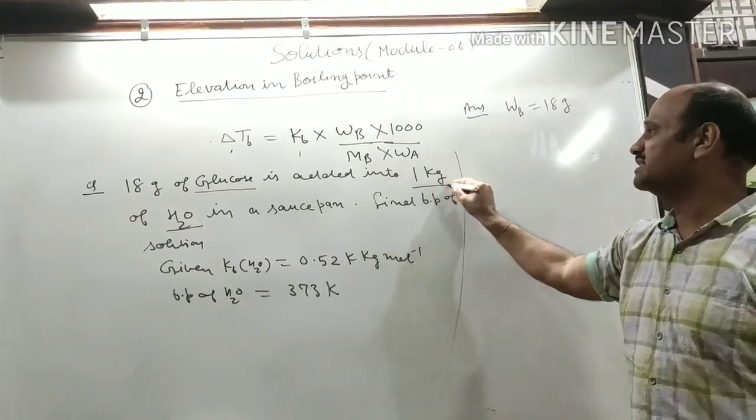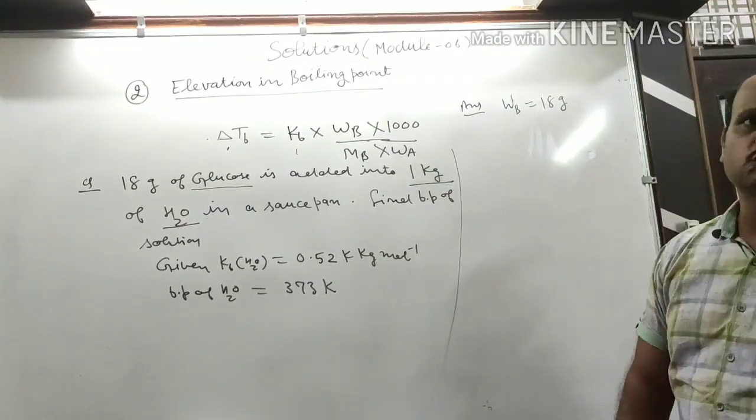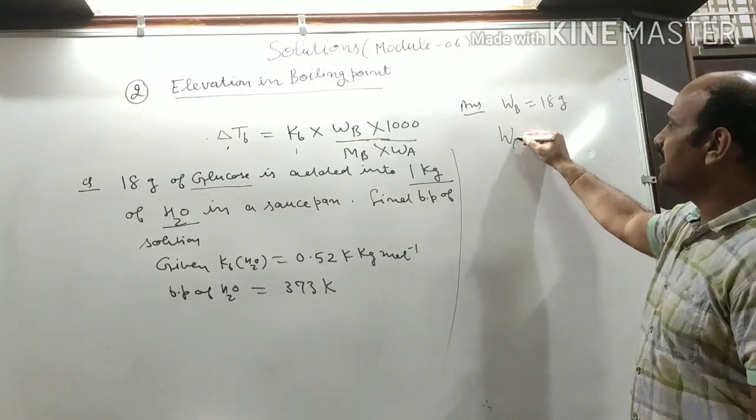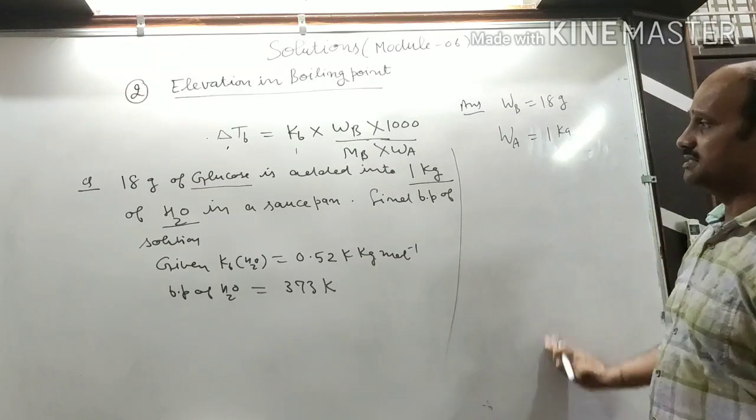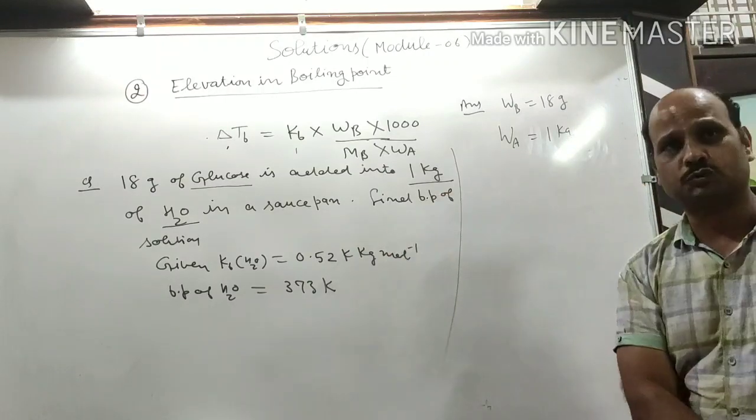And 1 kg is the mass of solvent, WA, where A is for solvent. This is given as 1 kg. Find the boiling point of solution.